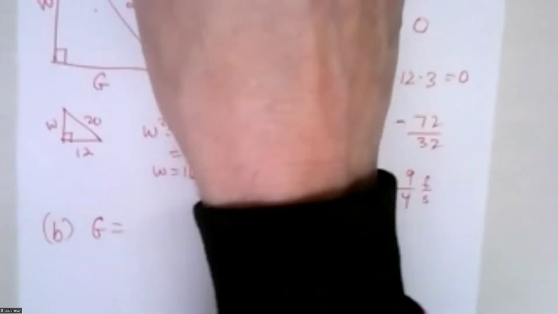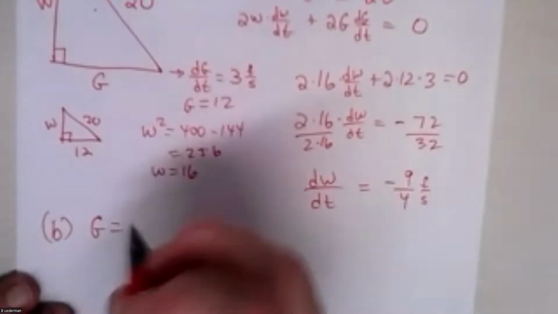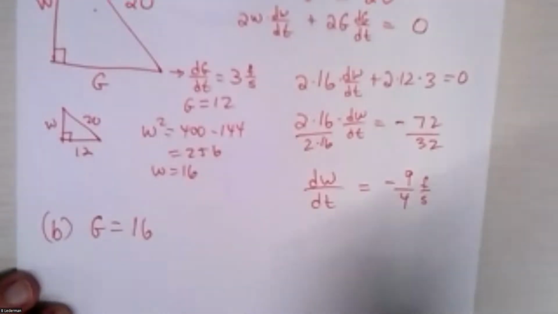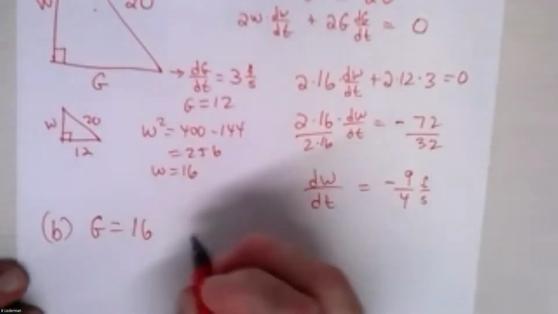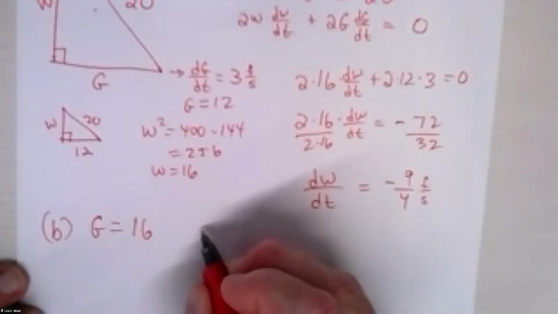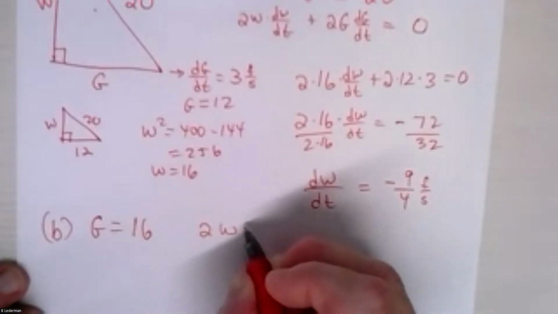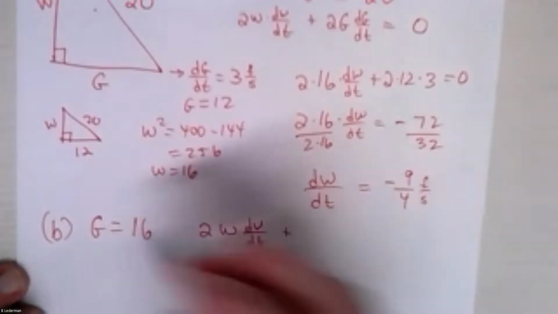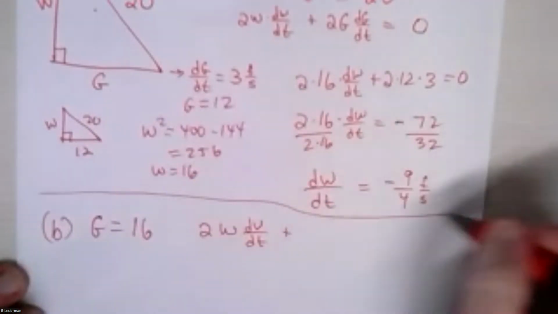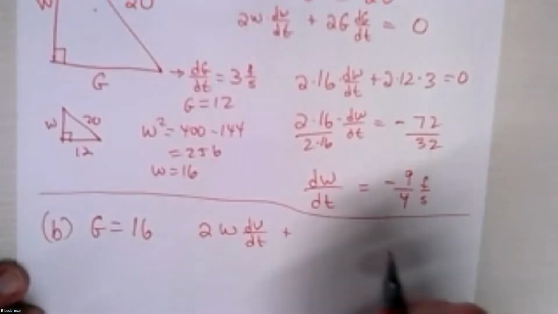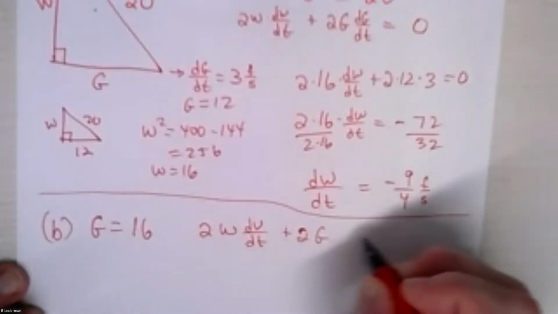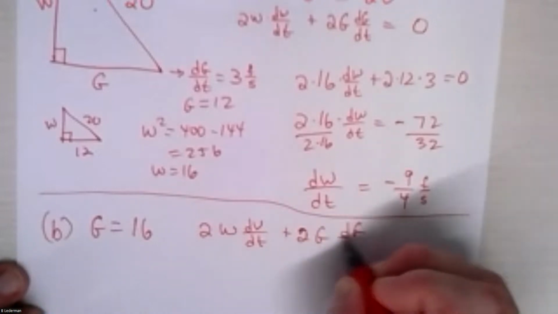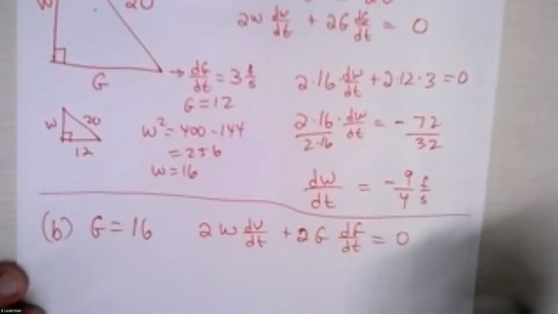So once I've done part A, I have my equation: 2W dW/dt plus 2G dG/dt equals 0.